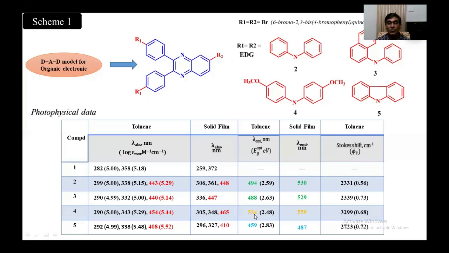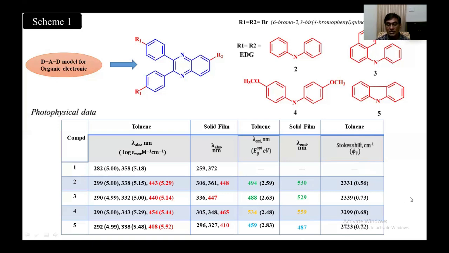In the case of the solid film, you can see the bathochromic shift in the wavelength because of the aggregation of molecules in the solid state, and you can see the peaks at a higher wavelength, that is the bathochromic shift. And the Stokes shifts are also very good, and the quantum fluorescence yields of these molecules are again very acceptable as compared to the standard emitters.